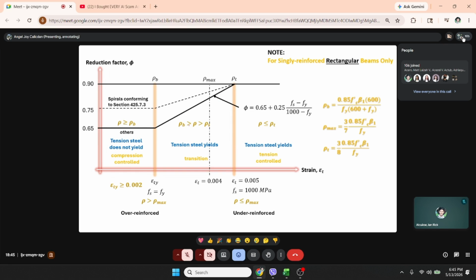And in between sa ila, if in between siya sa rho balance o rho tension controlled, naa ka sa transition zone. And here, nag-yield gihapon imong tension steel. So gikan diri sa balance, padulong diri, nag-yield na imong tension steel. And here, padulong dito kay wala.